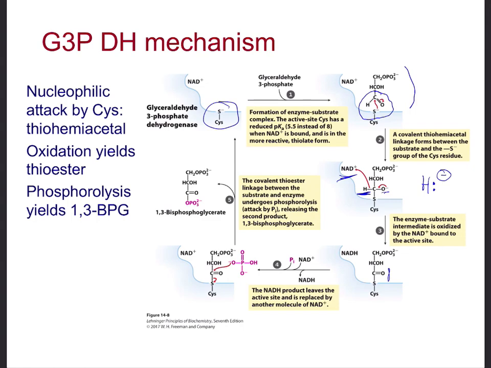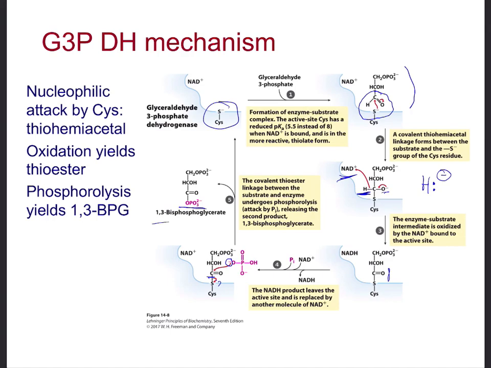But instead of doing that, we're going to bring in phosphate, and that negative charge is going to attack the carbonyl, displacing the sulfur of our cysteine residue, and as a result forming a bond between our phosphate and that carboxylic acid, the carboxylate.